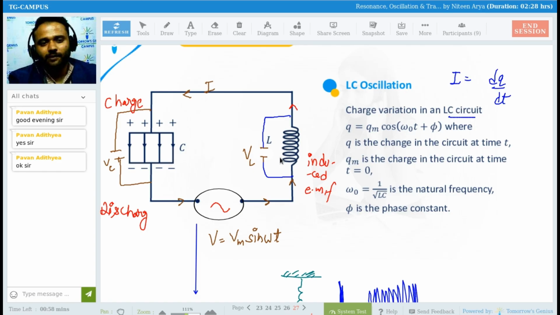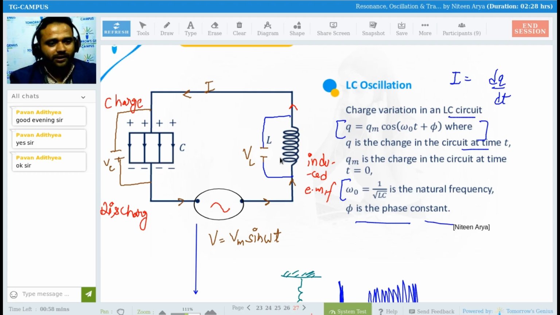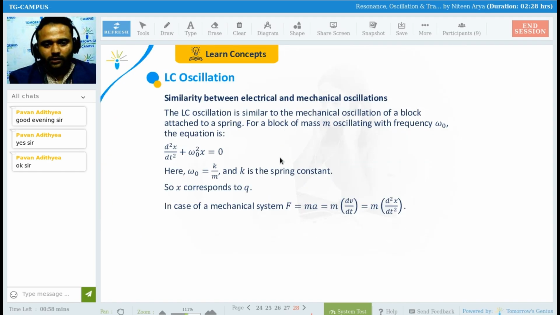The integration we did in the previous class. So q equals qm cos(omega naught t plus phi naught), where q is the charge in the circuit at any particular time t, Qm is the charge in the circuit initially, omega naught is 1 by root LC, the natural frequency, and phi is the phase constant. This everything we know.